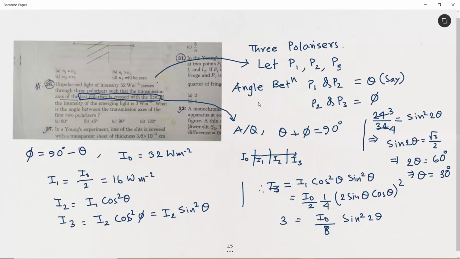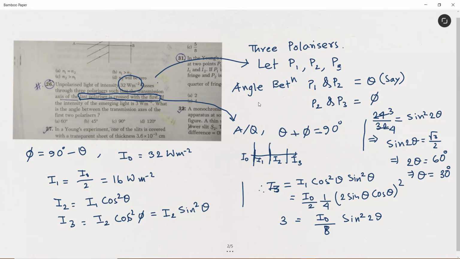The second question that I have chosen is from polarization. Unpolarized light of intensity 32 watt per meter square passes through 3 polarizers. You see, I have drawn a diagram.